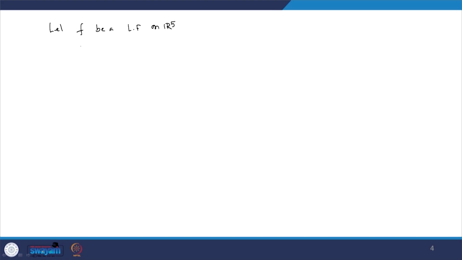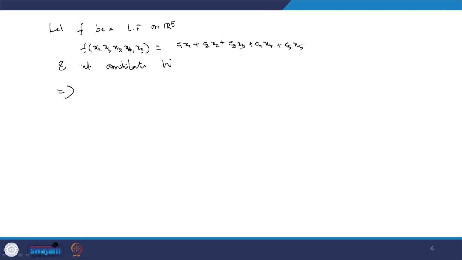Let me define it by f of x1, x2, x3, x4, x5 equal to C1 x1 plus C2 x2 plus C3 x3 plus C4 x4 plus C5 x5, and it annihilates W. So this implies f of beta 1 equal to 0, f of beta 2 equal to 0, f of beta 3 must be equal to 0.